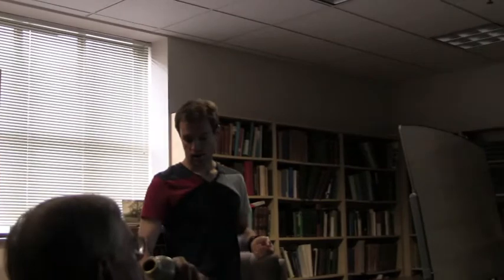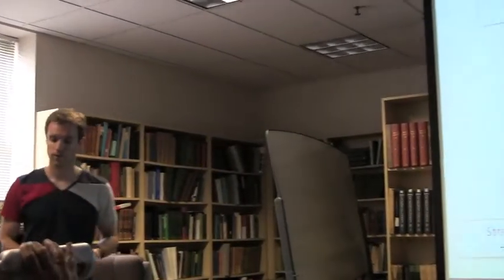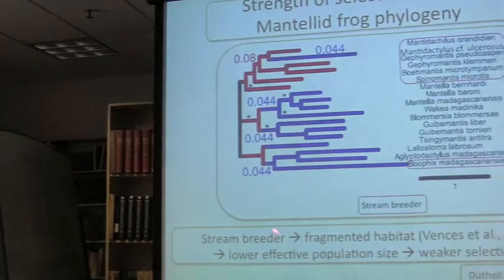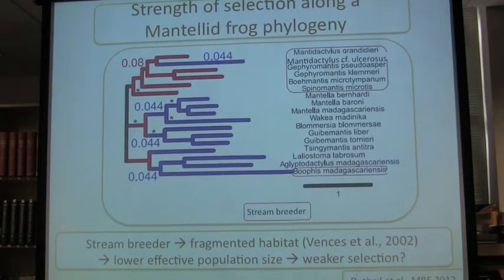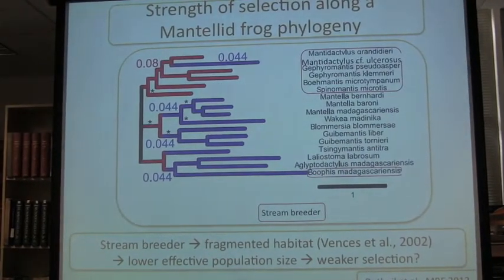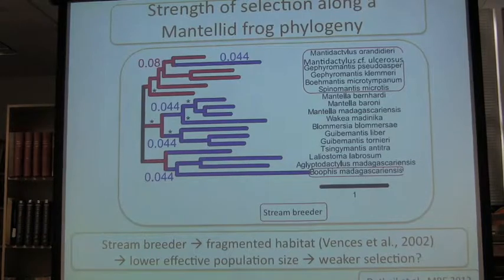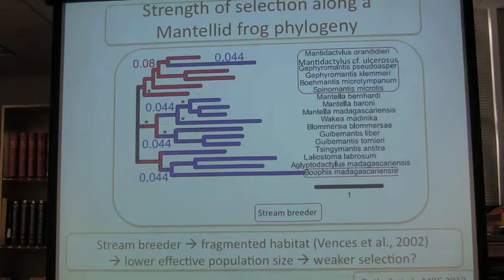And the explanation I suggest is the following. If you're a stream breeder, you have a fragmented habitat. And if you have a fragmented habitat, you may have a lower effective population size because you have barriers to gene flow. And because you have a lower effective population size, selection is less efficient.